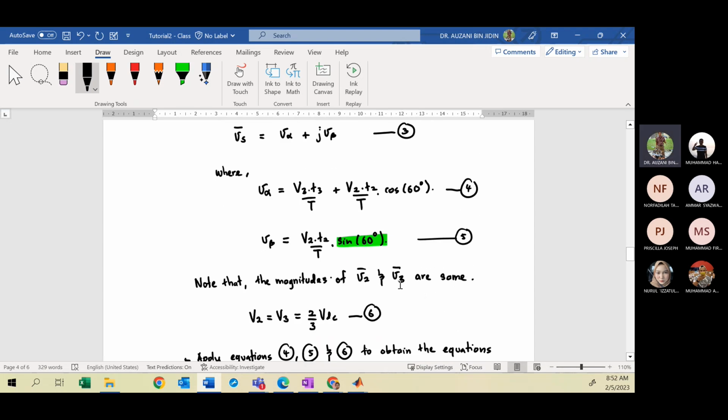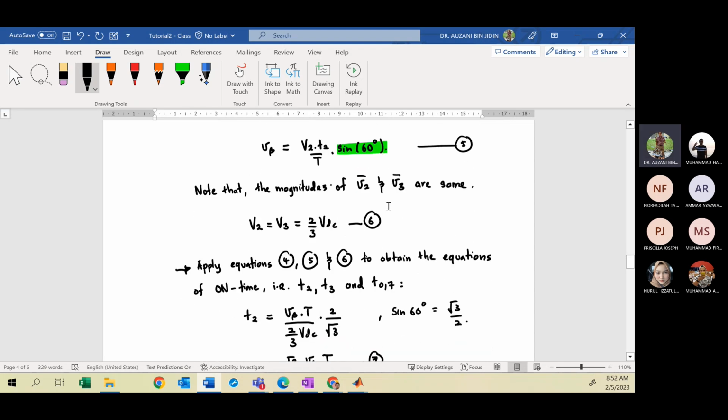to write equation T3, you have to rearrange equation number 4. So remember cos 60 degrees is 0.5, half.